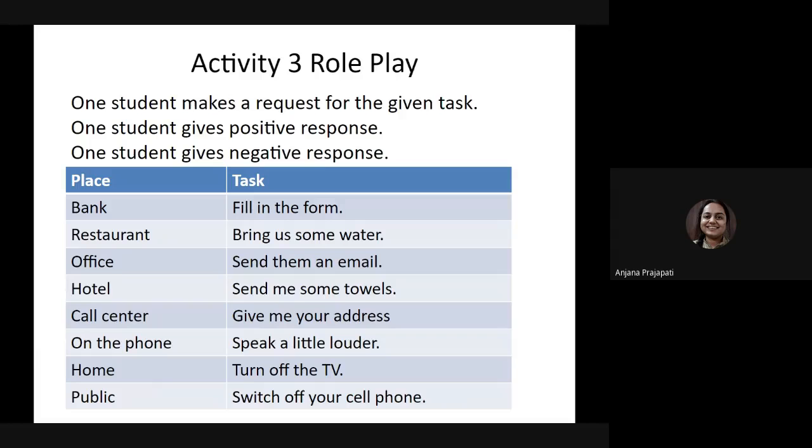I'm giving you 4 or 5 minutes to do that. Write in the chat box that it is completed. After that, you may read the dialogues that you have prepared. You give us 4 or 5 minutes.